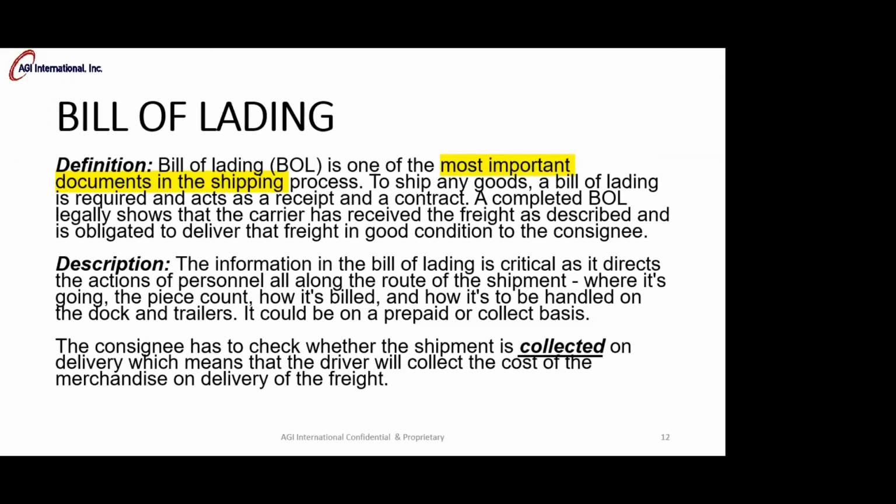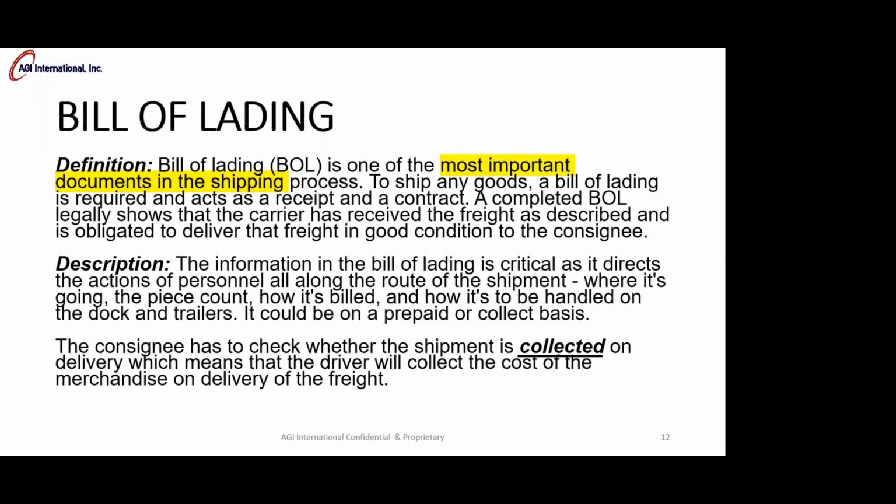The description, the information in the bill of lading is critical as it directs the action of persons and or organizations along the route of shipment: where it's going, the piece counts, how it's billed, how it's handled on the dock and on the trailer. It could be prepaid or collected based on the particular Incoterm that you use.